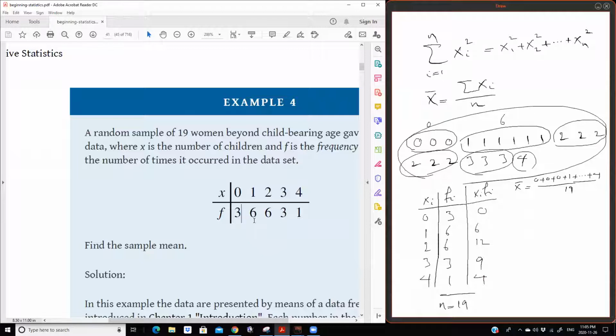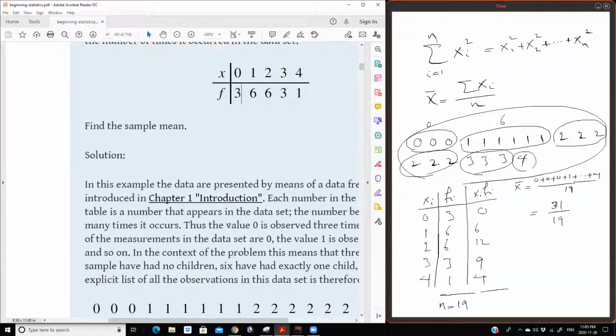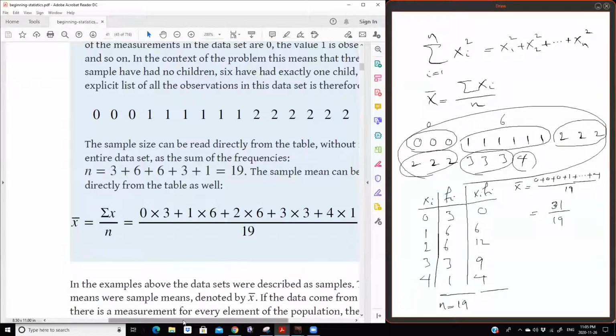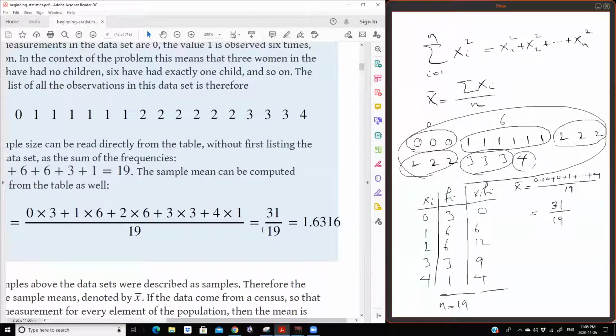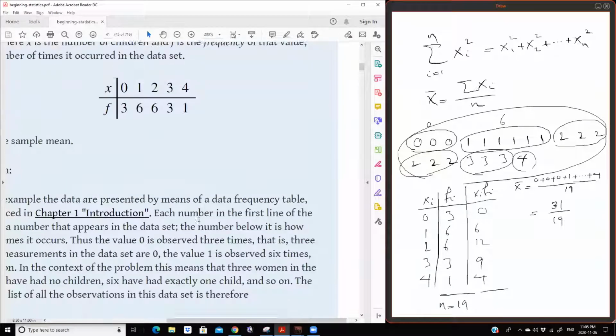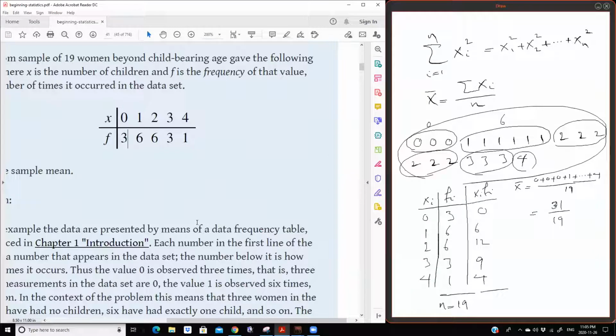Then I can just add up all these numbers and divide by 19. 0 plus 6, 6 plus 12, 18, 18 plus 9, 27, 27 plus 4, 31. So 31 over 19 is my sample mean. Now we have a new formula that is good for a frequency table.